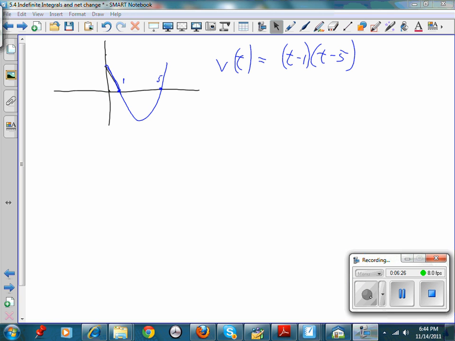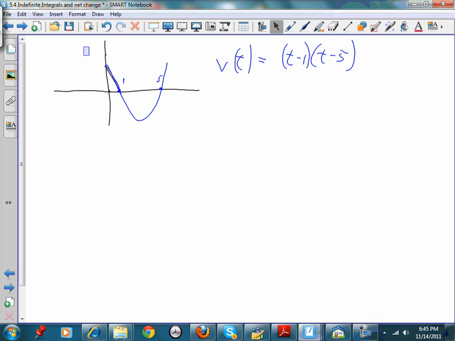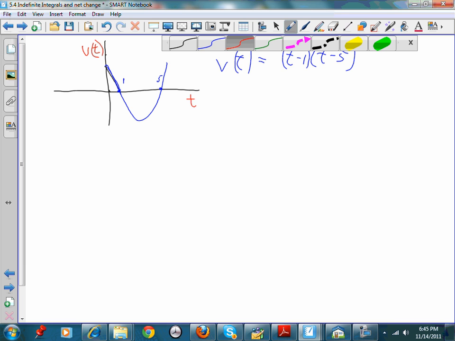Okay, we're back with a particular example now for particle motion. We've got our velocity curve here, got our time axis, and remember all the good things here. When did the particle turn around? Well, it turned around at t equal to 1 and t equal to 5.